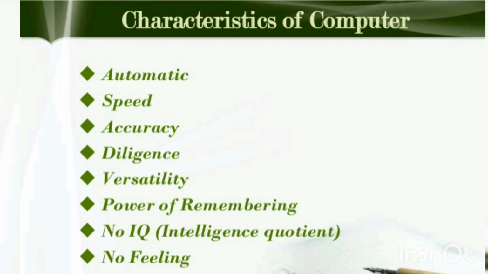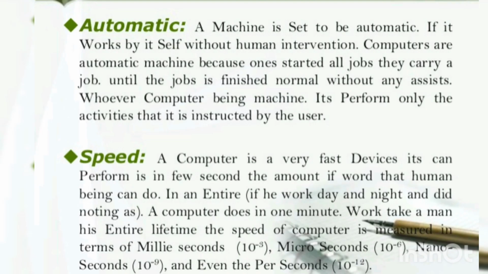Characteristics means features. Computers have a lot of features. The first characteristic of a computer is that it is automatic. The computer is an automatic electronic machine. For example, if you give a proper input correctly, it carries on its work without any assistance.